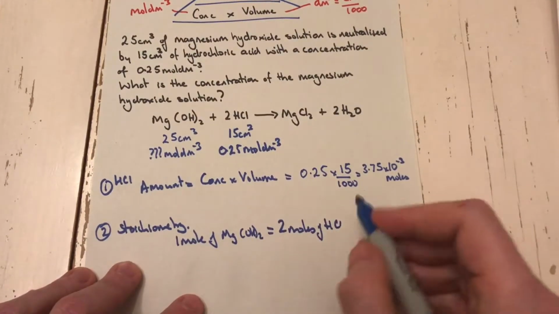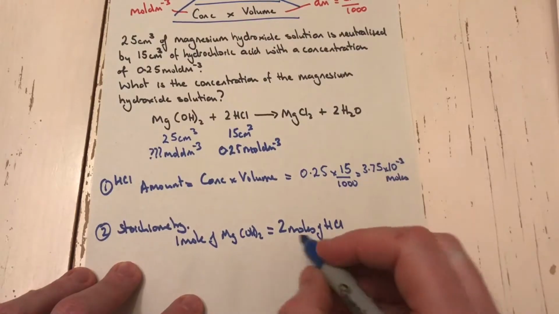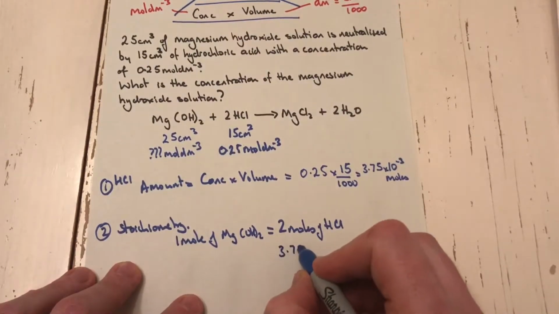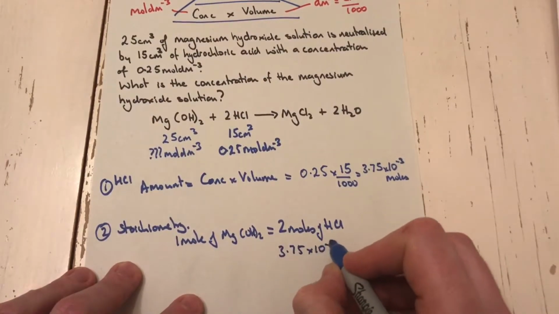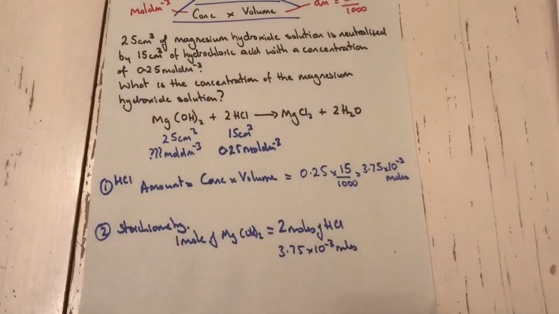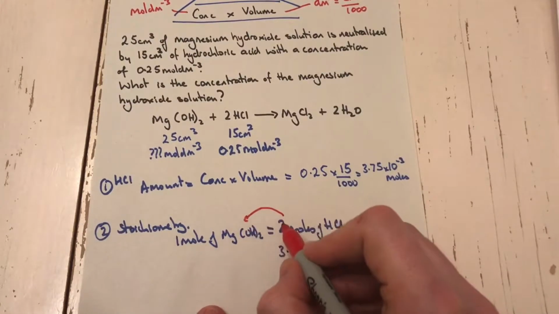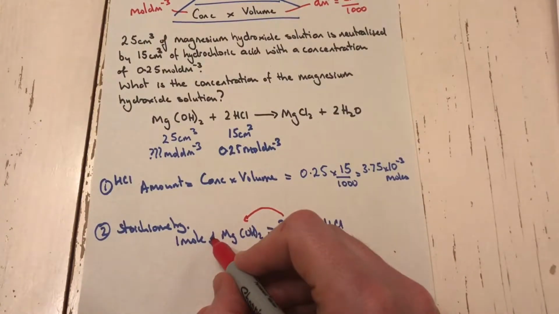Now from what I've worked out, I don't have 2 moles of HCl. We've worked out we've got this many moles, so let's transfer that to here. So I've actually got this many moles of HCl. Now we've got to think a little bit. If I want to go back from here to here, it's a 2 down to 1.